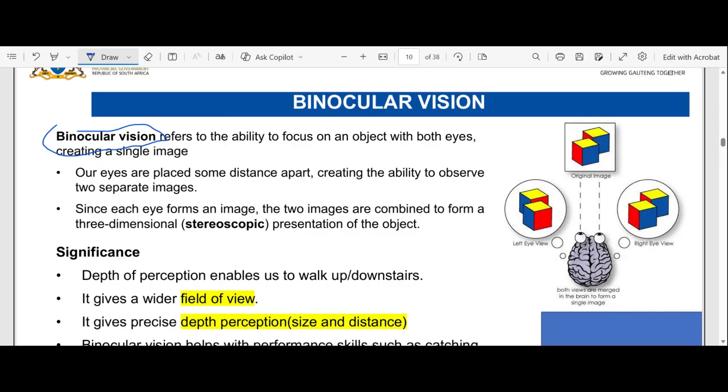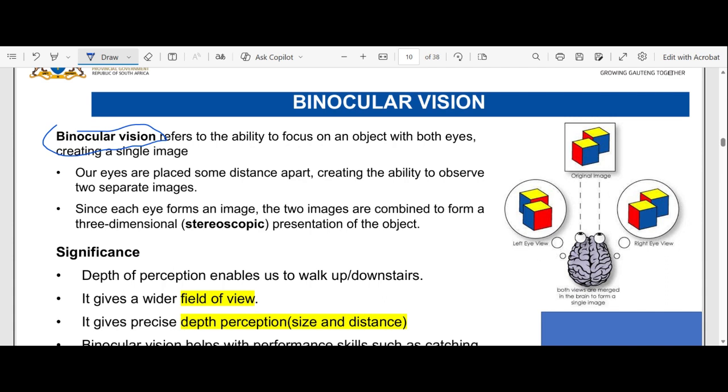Moreover, the two eyes are able to combine and integrate those images so that it is one. And when your eye combines these two images, it forms a three-dimensional view.